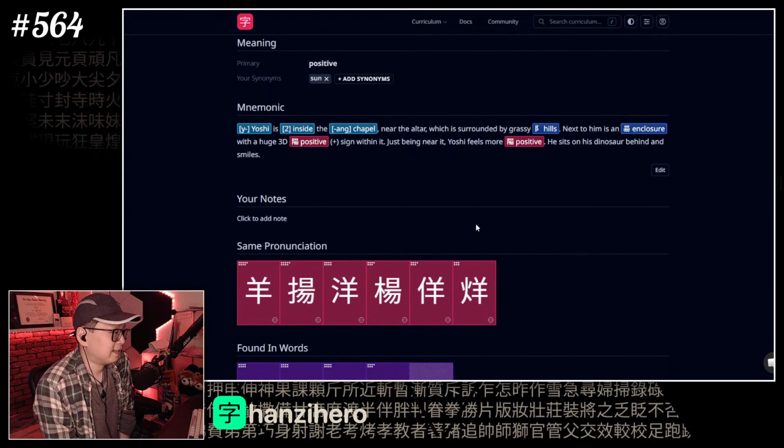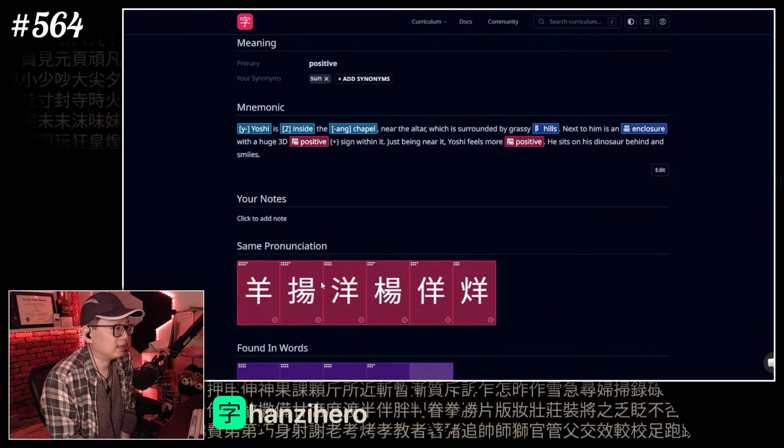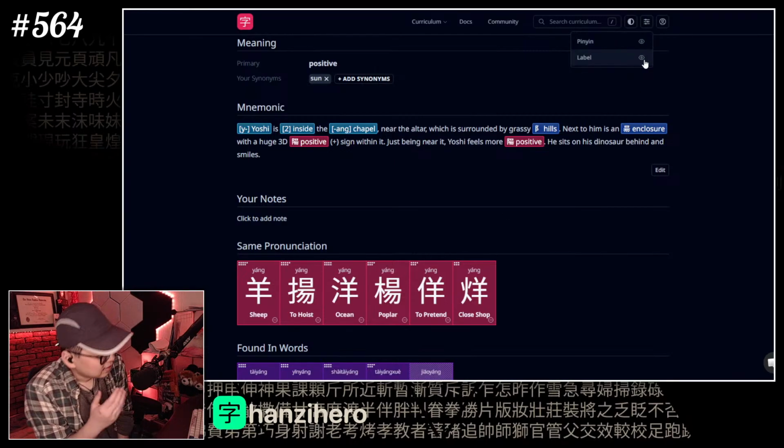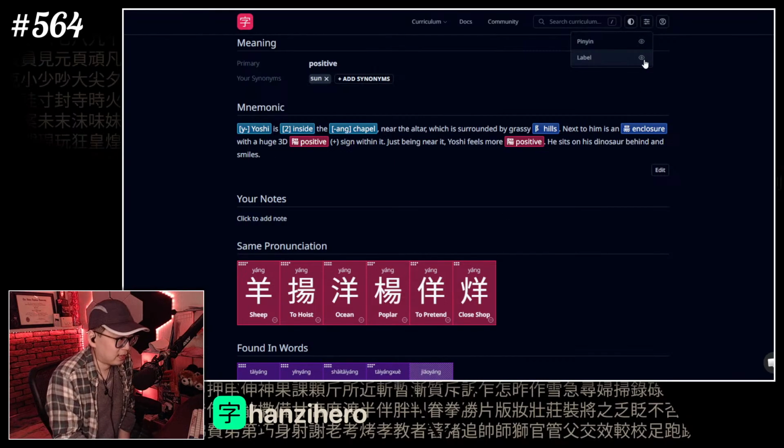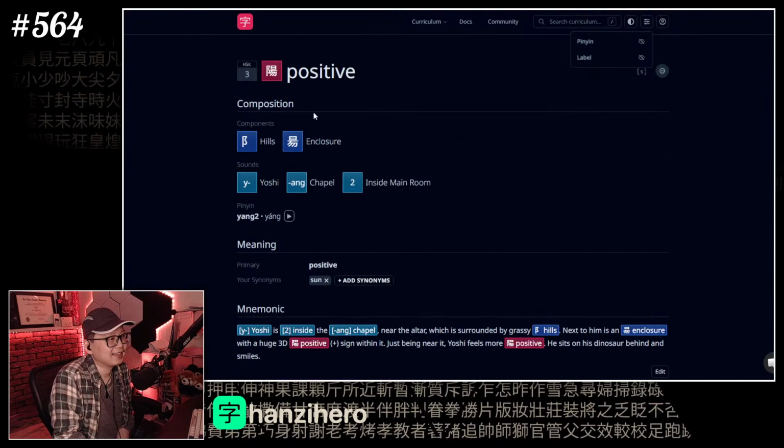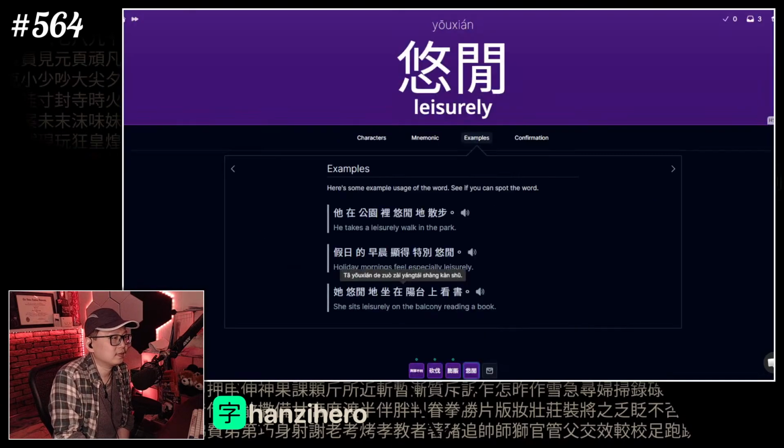Dang it. This is hoist, yang. That's yang too, which one is that? Oh that's the tree, that's a proper tree. Dang it. Oh, that's roof or balcony, yang tai.